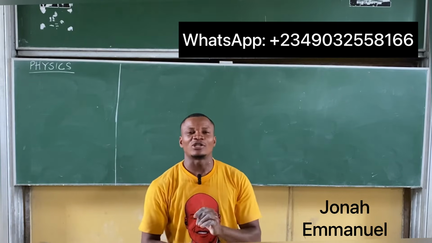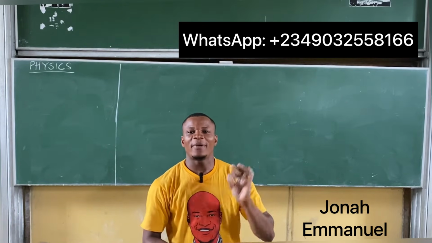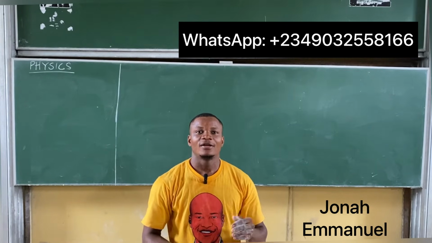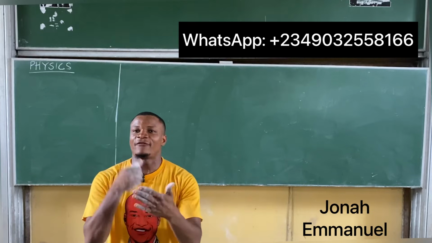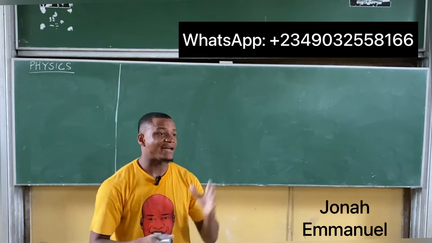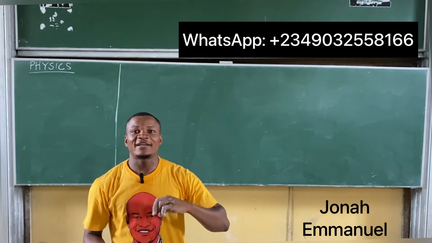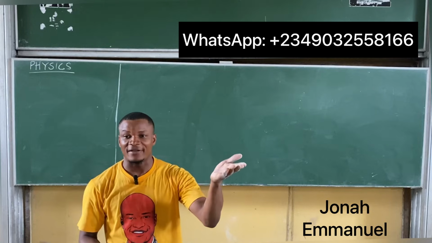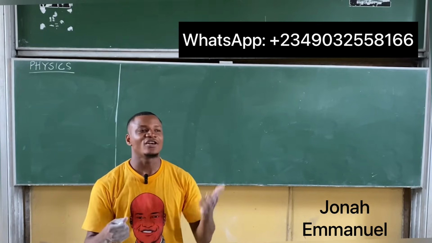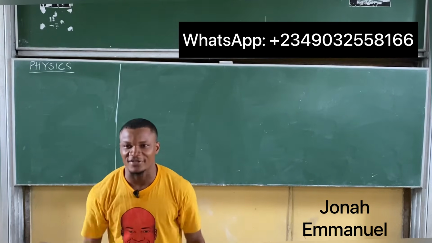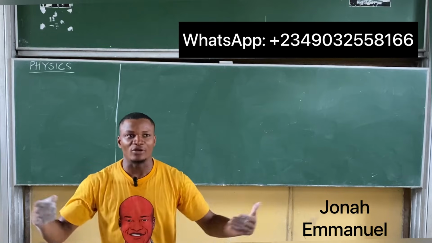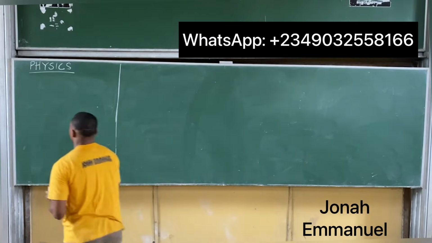The charges were what and what? 4 micro. What again there? If I say 4 and I say positive 4, are they the same thing? And this is 0.5. So, hold on. The idea is this. Both of them are what there? Positive. So, what do you expect there? A repulsion.